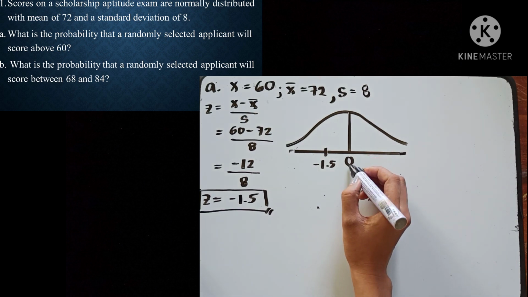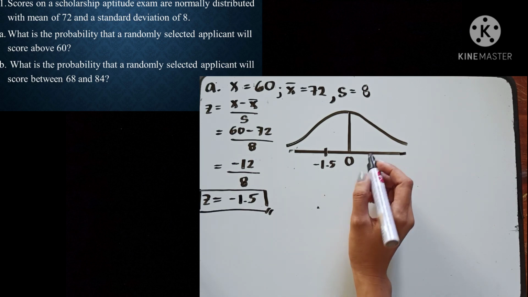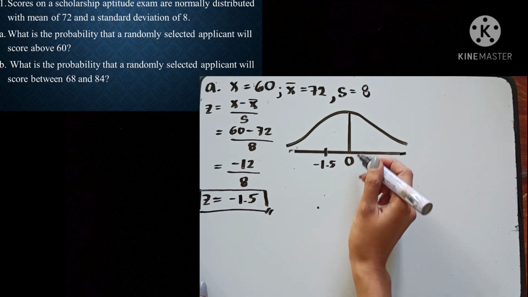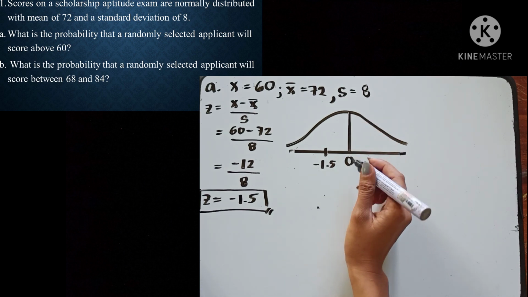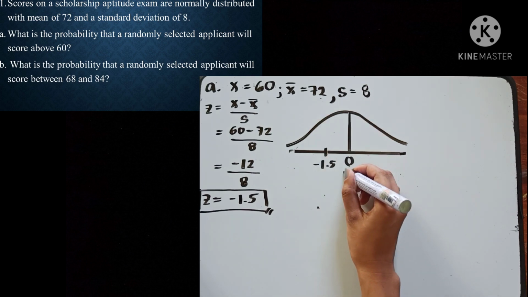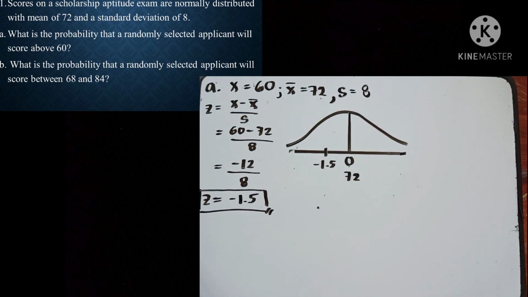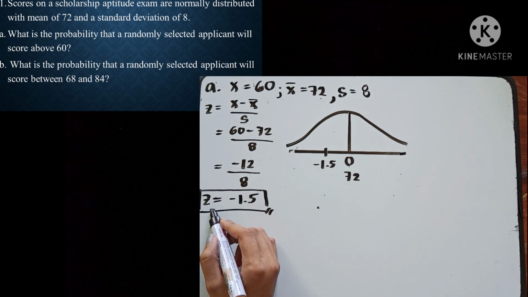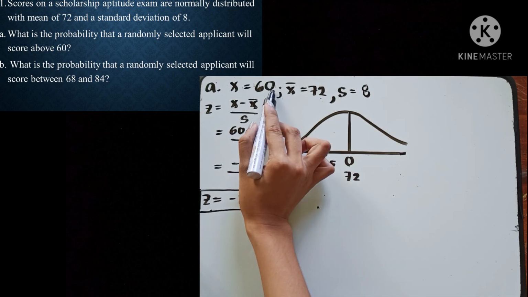Okay, so guys, etong 0 na to is the mean para sa z-score. Okay, so yung gitna natin is yung mean. This is for z-score. And yung katumbas nito sa raw score is 72. Okay, etong negative 1.5 na to is yung z-score natin. And yung katumbas nito sa raw score is 60.